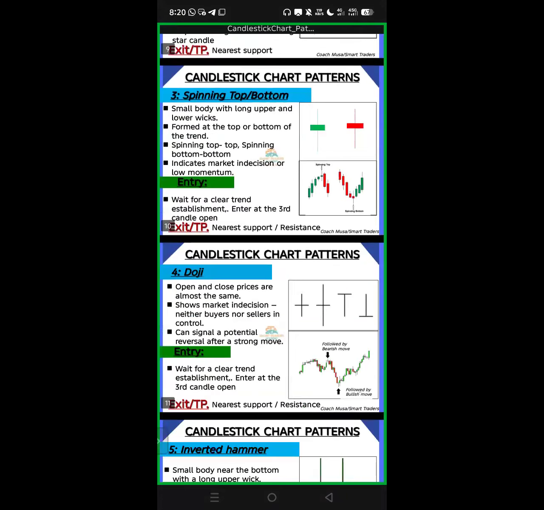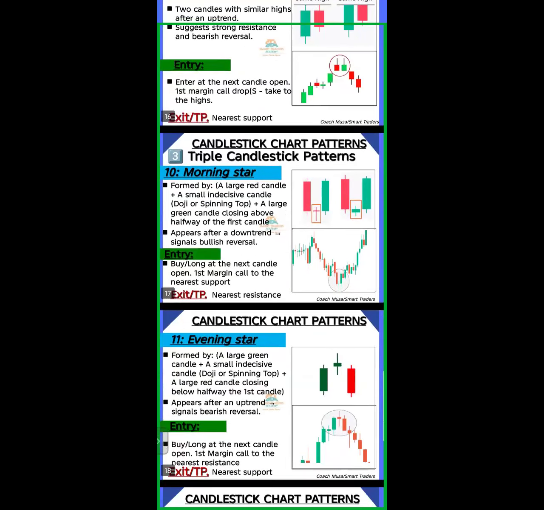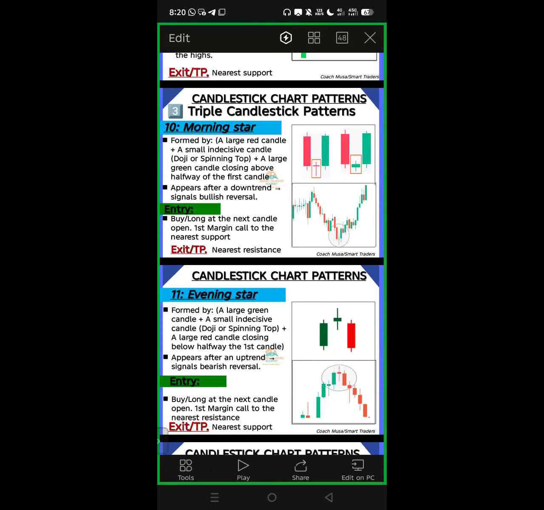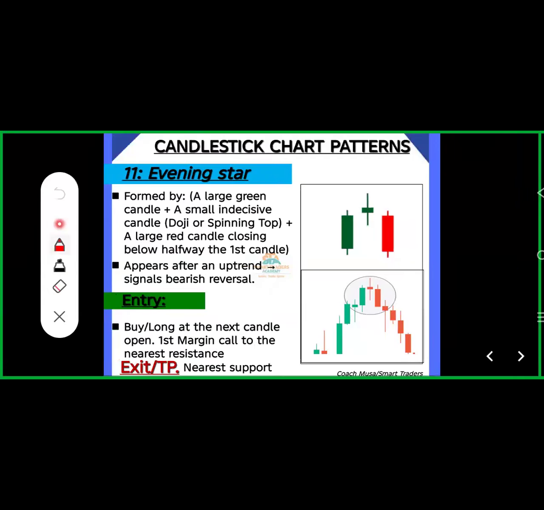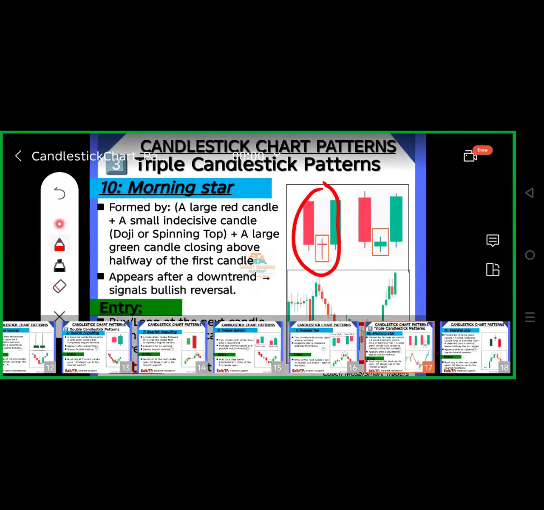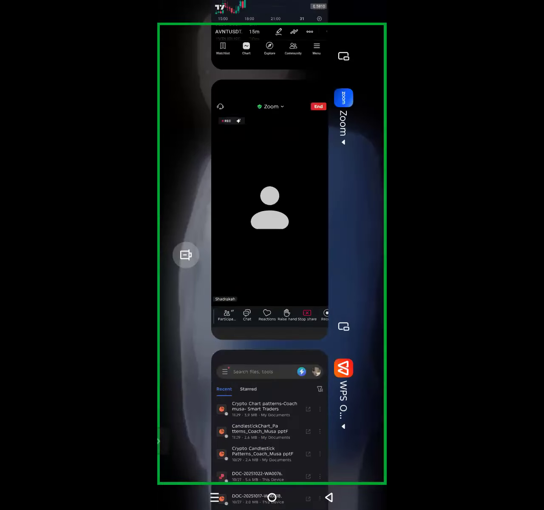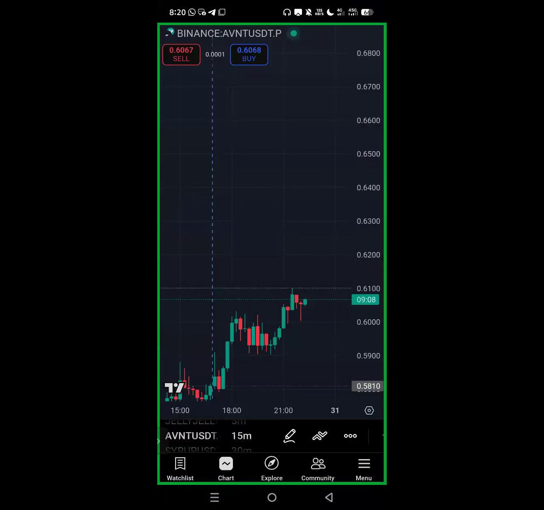Where is it? Here. This formation is what we're most likely going to see. If that candlestick we're seeing forming finally closes up as a bullish candlestick, that is the formation we expect to happen.